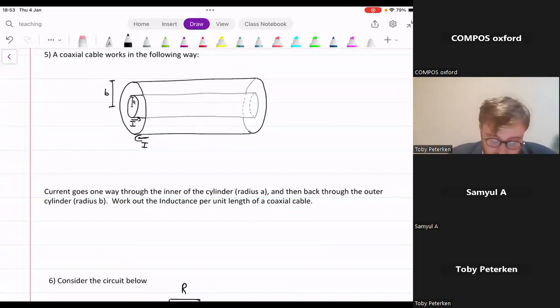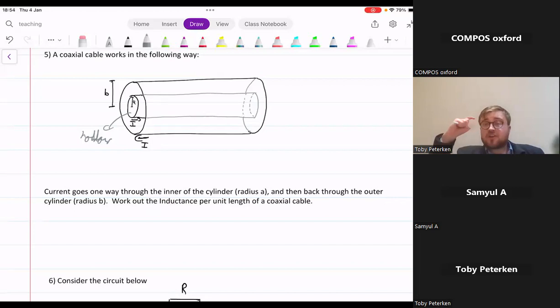So it's hollow inside. So all of the current is on the outer surface. The inner cylinder is radius A, and the outer cylinder is radius B.